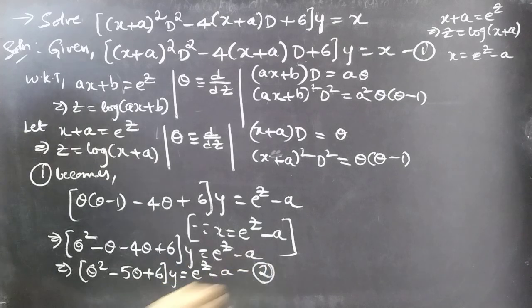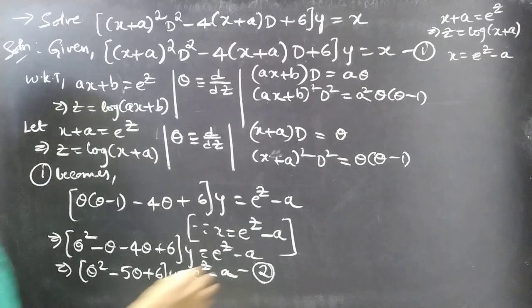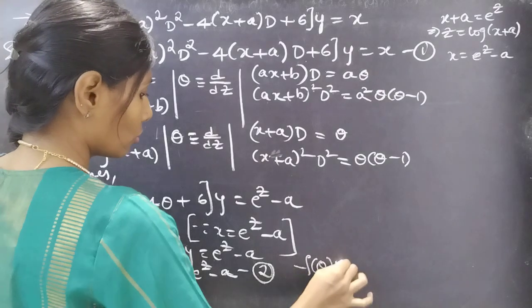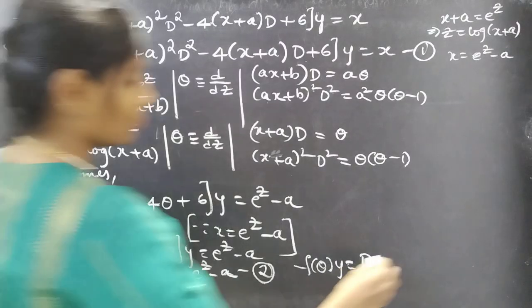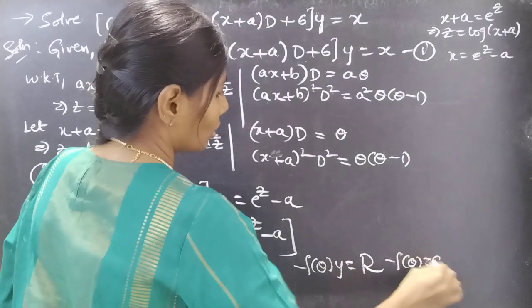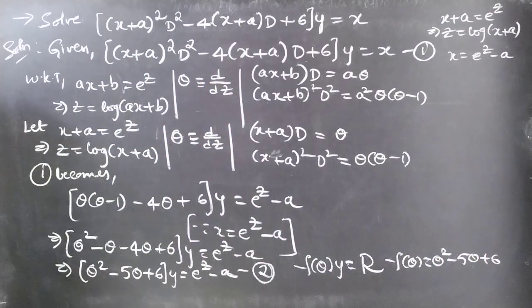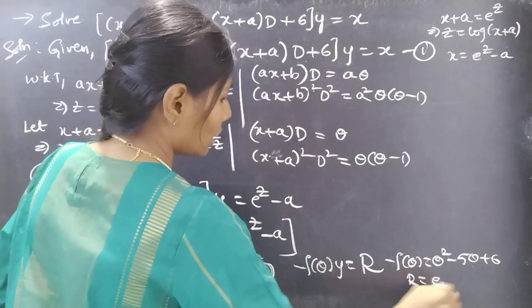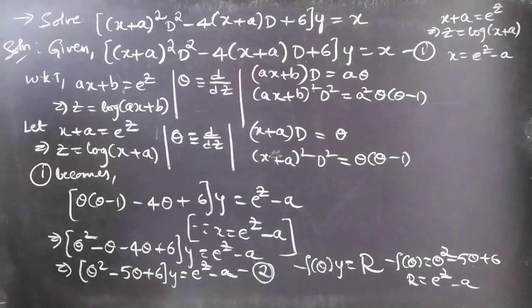Consider as equation number 2, which is in operator form, say f(θ) y = some function of z, in terms of z, where f(θ) is θ² − 5θ + 6 and R is e^z − a.